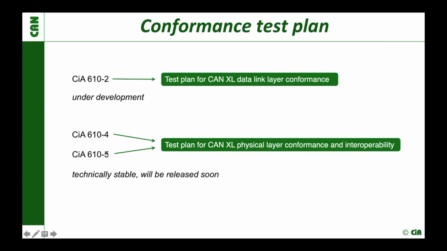This -5 document completes the -4 document, the conformance and interoperability test plan. And these documents are now under development. For the physical layer, the documents are almost technically stable. I think they will be released soon.